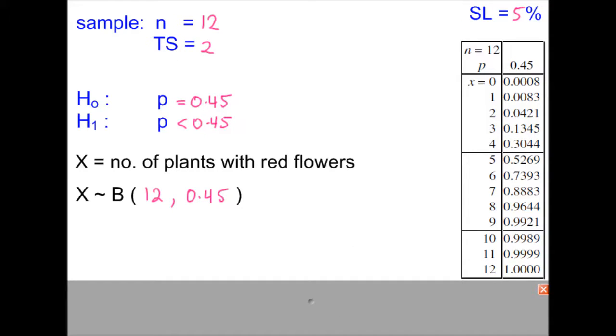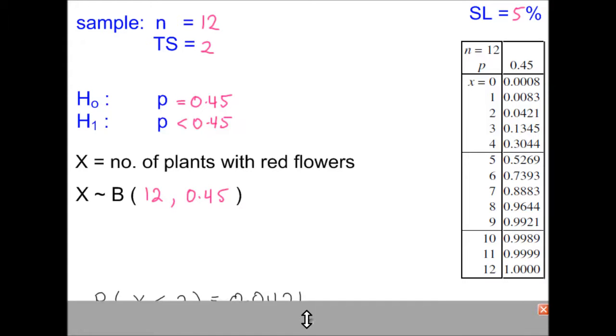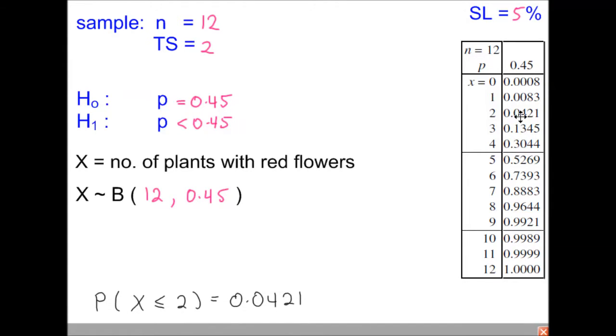So we're going to calculate the probability that X is less than or equal to 2. And from the tables, it's 0.0421. So this value is the test statistic, and the less than or equal to comes from here. It's based on H1.